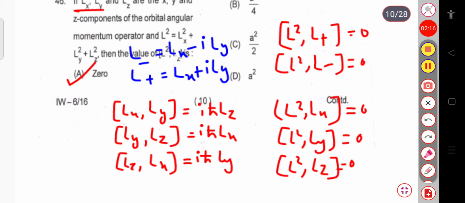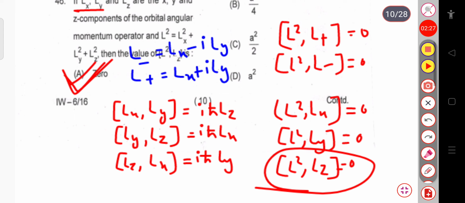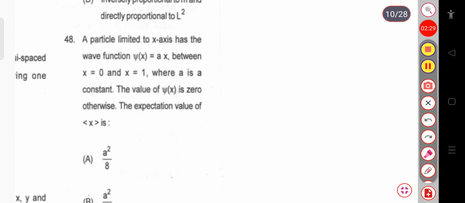So these are the basic properties of the angular momentum operator. So for L square comma Lz the value is 0, so our correct answer will be 0.